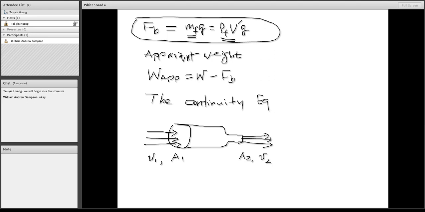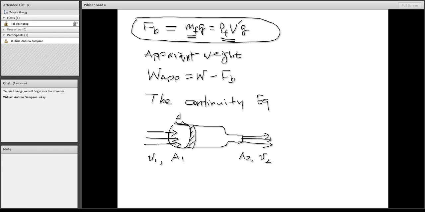Because mass is conserved, let's say in the time delta t, the same volume of the fluid that enters from the left should be equal to the volume of the fluid that's coming out from the right. So if this is the amount of water, let's say the fluid is water, this is a bad drawing.